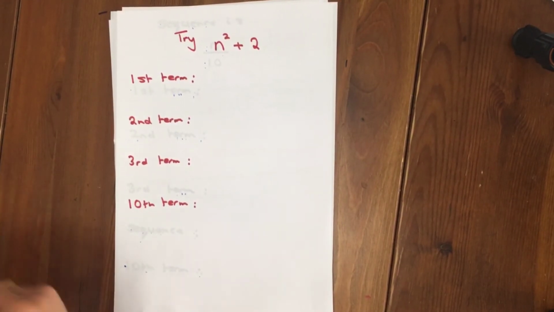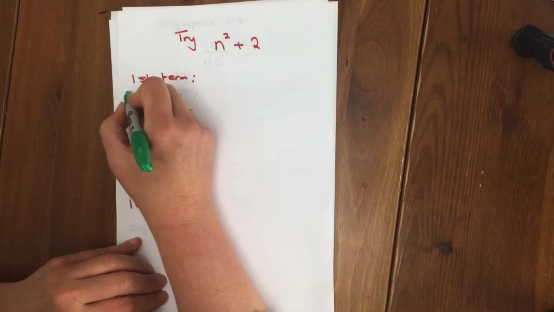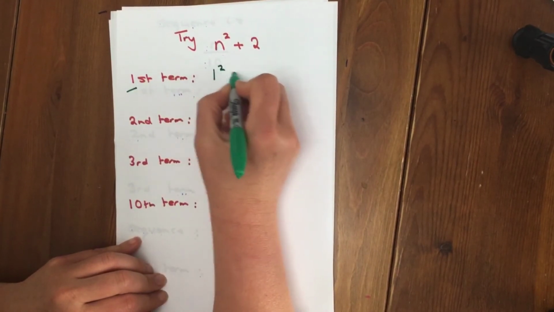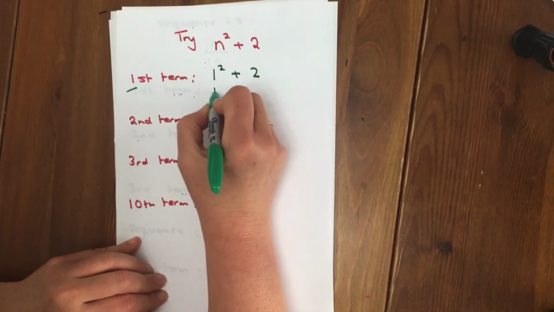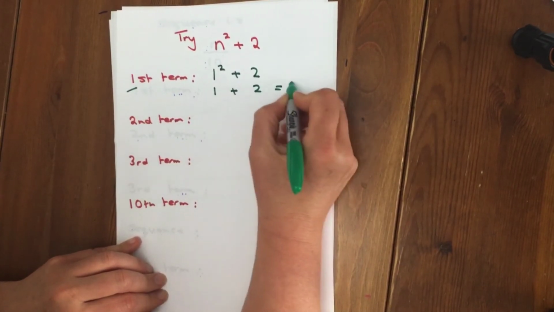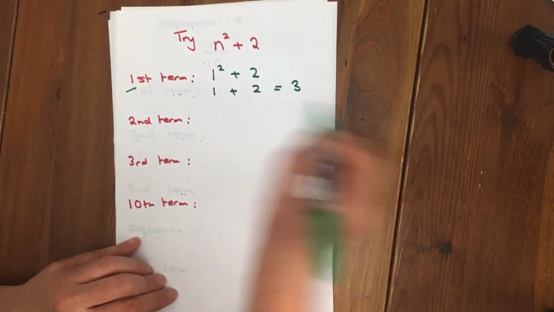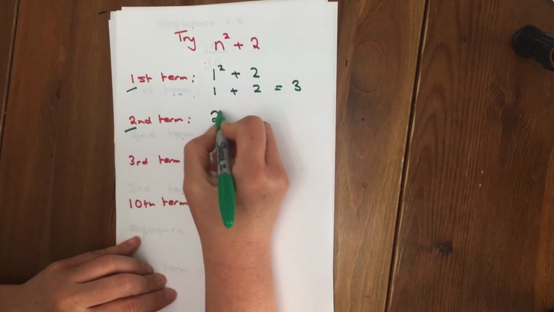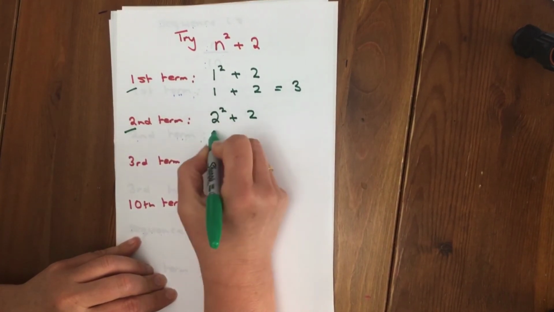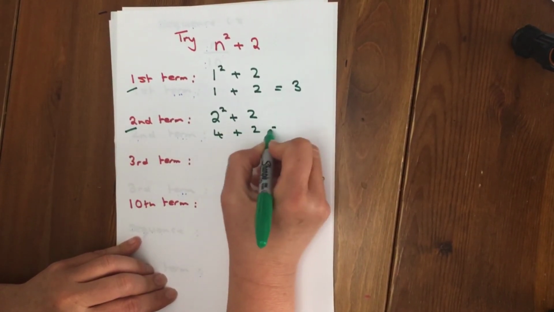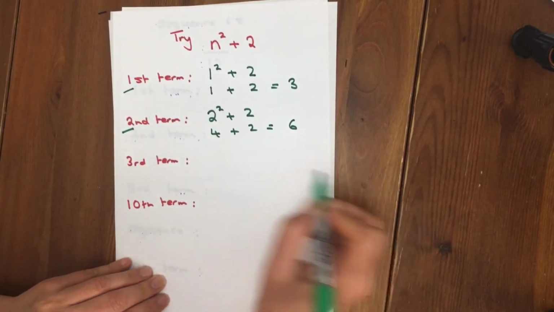Okay, well done. So the first term, n is 1, so I've got 1 squared, add 2, so I've got 1, add 2 is 3. N is 2, I've got 2 squared, add 2, 4, add 2 is 6.